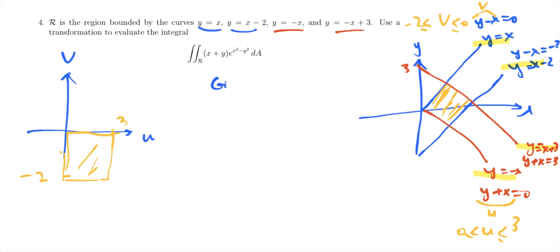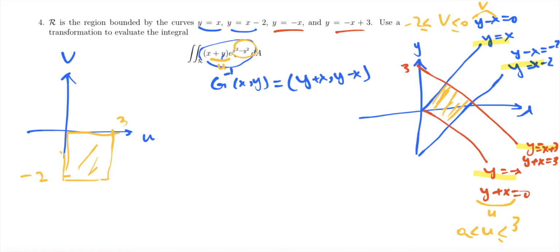Now, what I did is I said g inverse of x and y, that gives us u and v, is y plus x and y minus x. Now, I either have to solve for x and y in terms of u and v, or I have to have my integrand in a good shape. And it turns out, nicely done, this part is actually u, but this part is not.